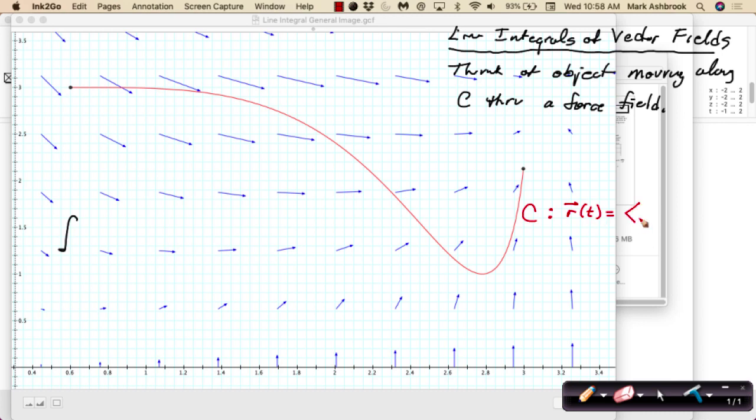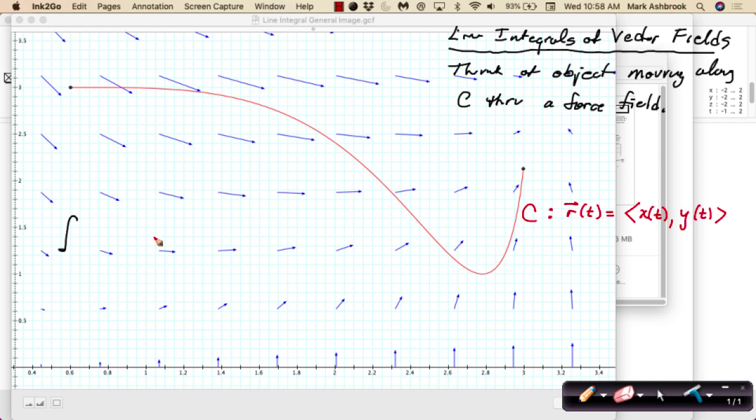Given any value of the parameter t, there's an x component to the vector and a y component to the vector, and we put all those vectors in standard position, tail at the origin, and then as t varies, it sweeps out the curve. So this is the tips of all the vectors in standard position that we get from that vector function for different values of t.